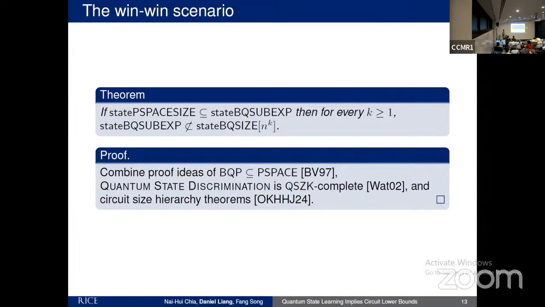It's not too interesting, I think, but it's basically why we have two bullet points in our statement. And if you want to know more, it involves the following ideas from complexity theory: BQP is in PSPACE, quantum state discrimination, circuit size hierarchy theorems, and things like that.